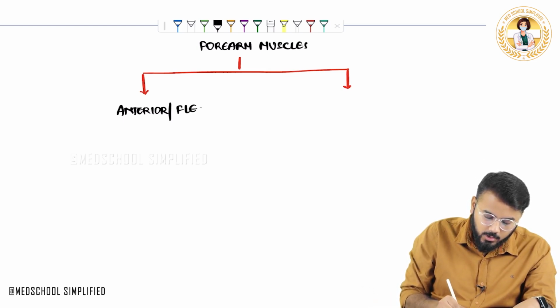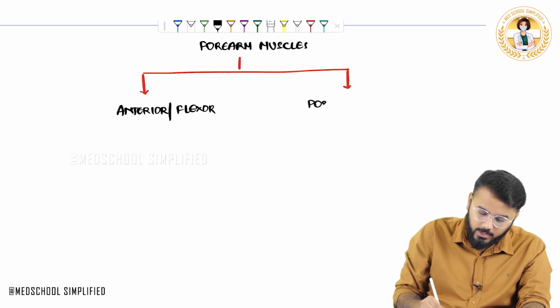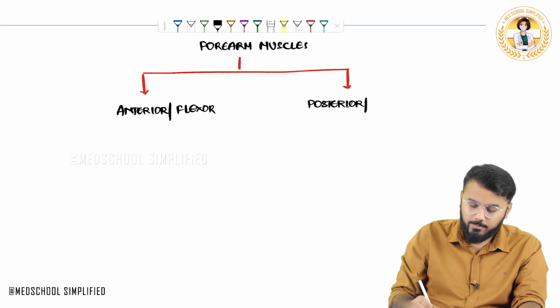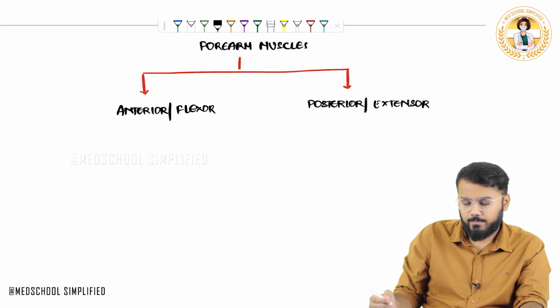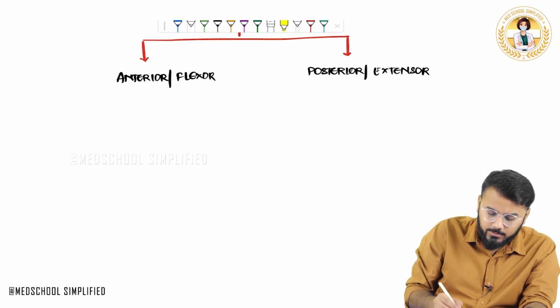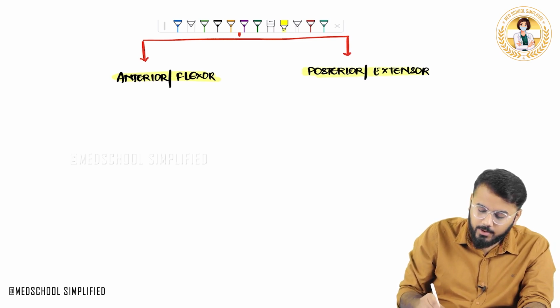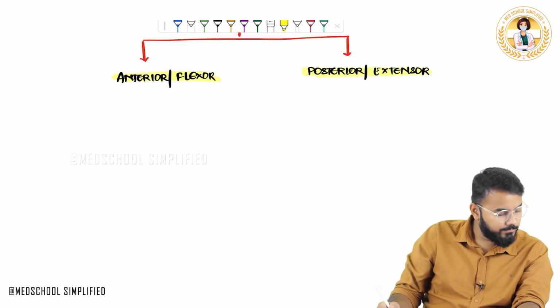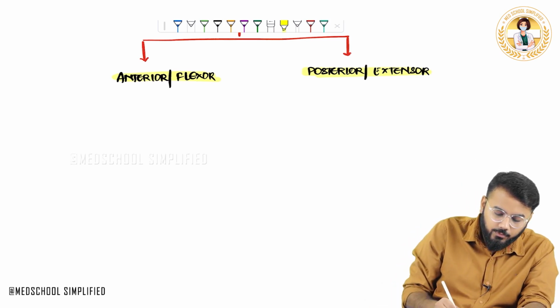It is also called the flexor compartment. Next we have the posterior compartment. What is the other name for the posterior compartment? That is called the extensor compartment.